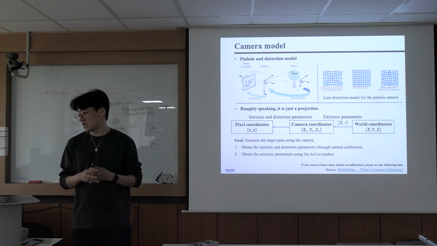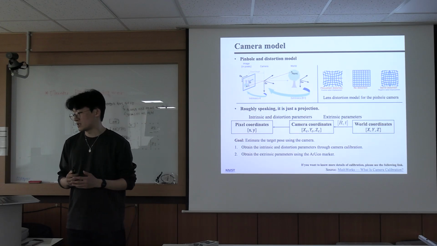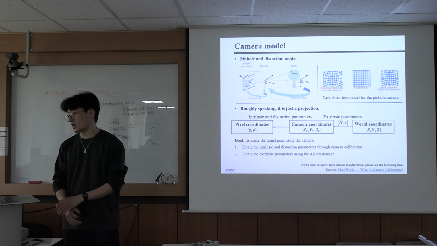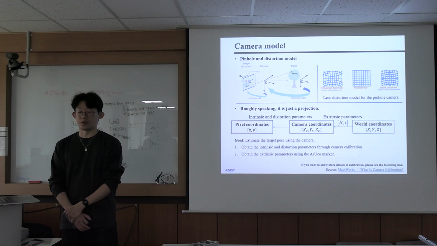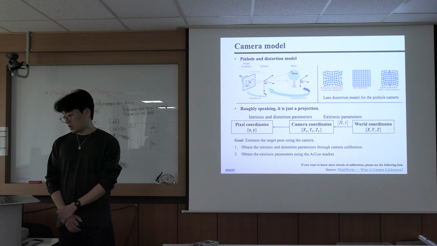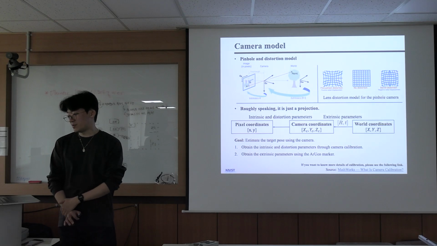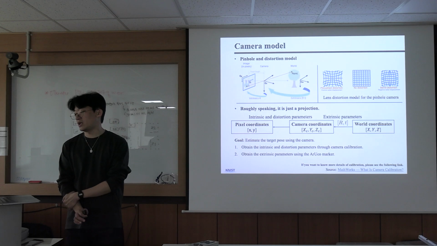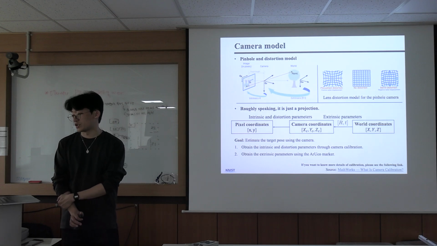The camera's extrinsic parameters represent points with respect to the camera frame. In other words, they describe the rotation and translation from the world frame to the camera frame for the same point. The intrinsic and distortion parameters are used to obtain the pixel coordinates based on the similarity ratio and a projection.